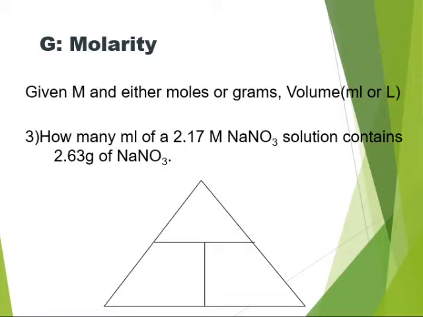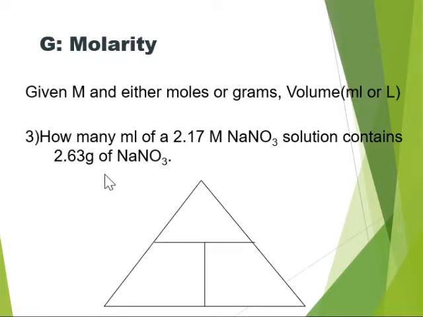How about if you're given a molarity and either grams, moles, or volume in milliliters or liters, okay? Let's read. How many milliliters, so it's asking for milliliters. Remember, when we calculate through molarity, you're going to get liters, so then you have to convert to milliliters. Of a 2.17 molar, so this is our molarity, sodium nitrate solution contains 2.63 grams of sodium nitrate.